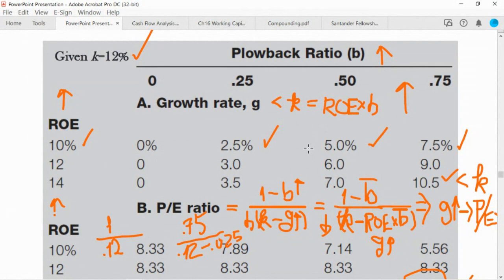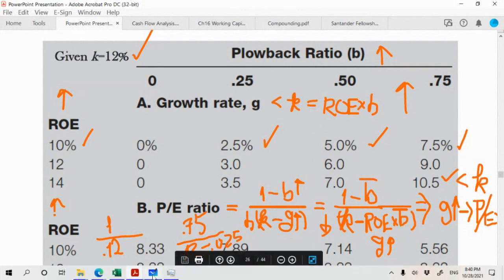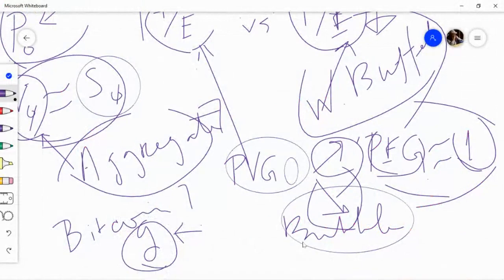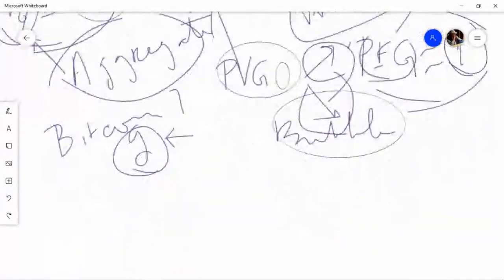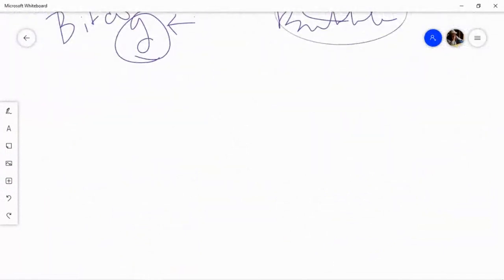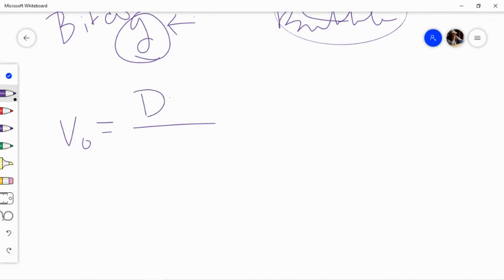And then think about it. The growth rate is supposed to be less than the required return. Why? Mathematically, in the Gordon growth model, the required return minus G, R minus G, is in the denominator.